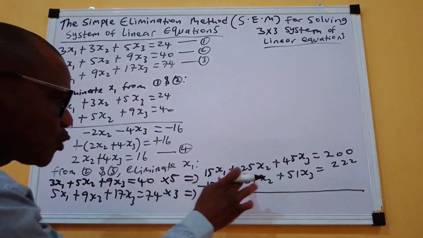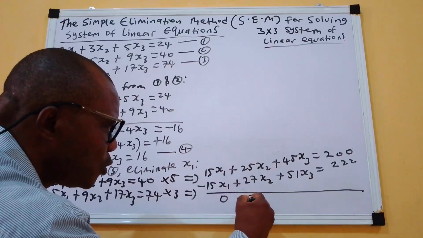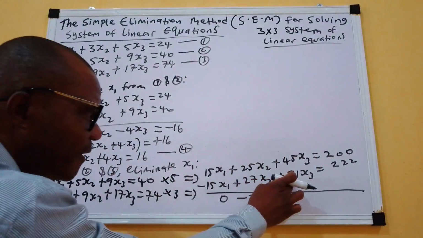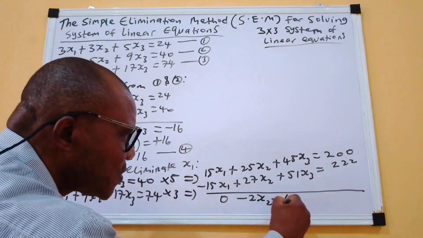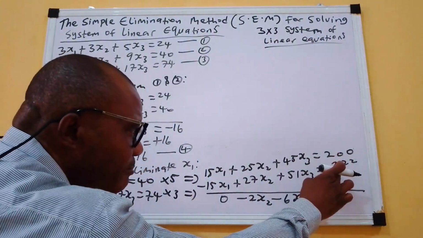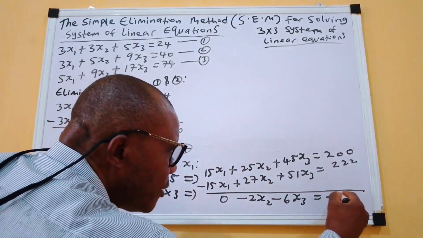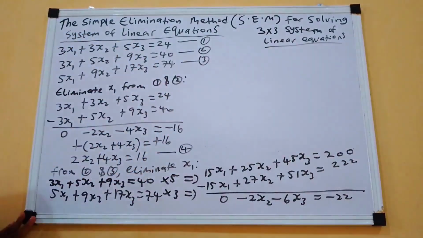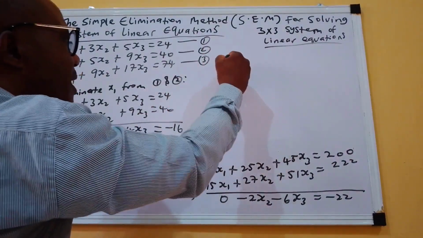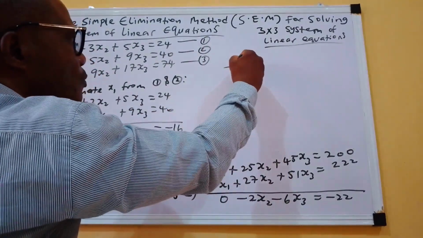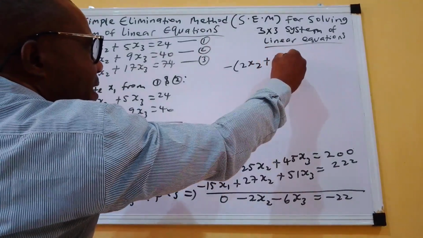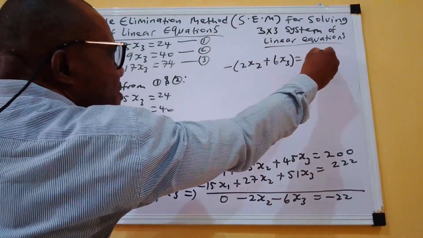25x2 minus 27x2 is minus 2x2. 45x3 minus 51x3 is minus 6x3. 200 minus 222 is minus 22. So you have minus into 2x2 plus 6x3 is equal to minus 22.